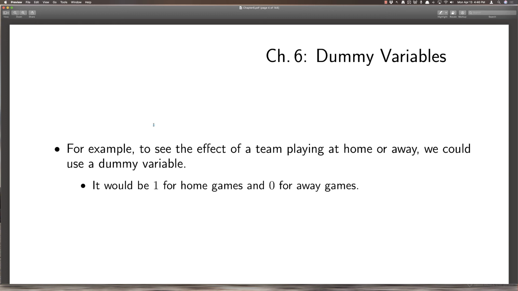We could use a dummy variable for that, and we could code home games as 1, and we could code away games as 0. And if we did that, we would probably name that column in the header of the data set home. That's very common with dummy variables, that the name of the variable itself is the category that gets the 1.